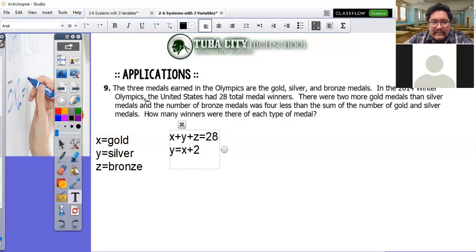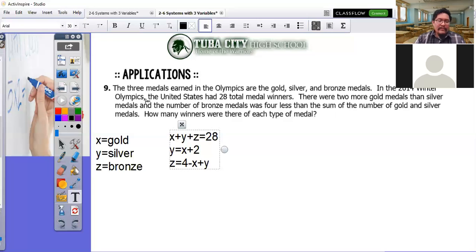The number of bronze medals, so the number of bronze, so Z equals. Was, 'is', 'are', or anything that explains what something is or was, those are equal signs. Was 4 less than the sum of gold and silver, so X and Y. Now be careful, because 'less than' is one of the very few tricky ones when it comes to algebraic translations, because when you say 'less than', it means you are lessening something by that amount.